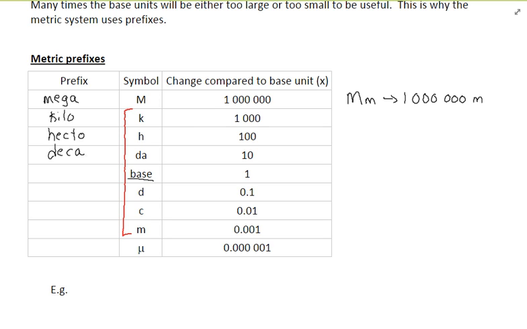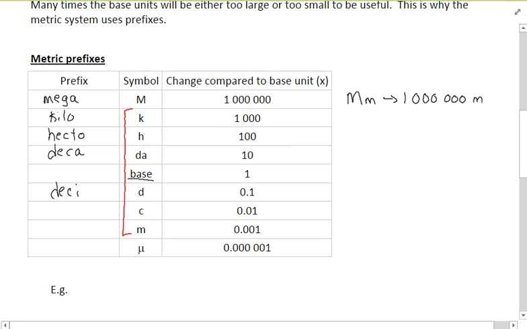Now we get into things that are smaller than the base unit. D stands for deci, which is 1/10 of the base unit. So if I had a deciliter, that would mean I now have 1/10 of a liter, or 0.1 liters.